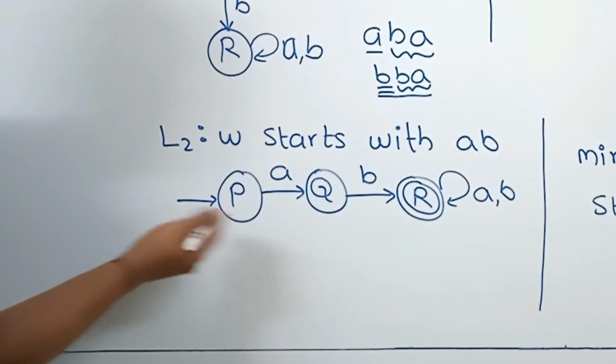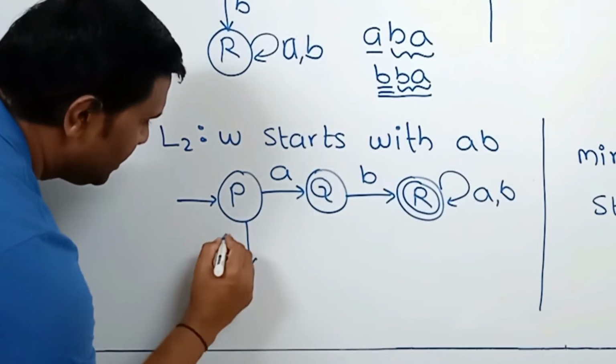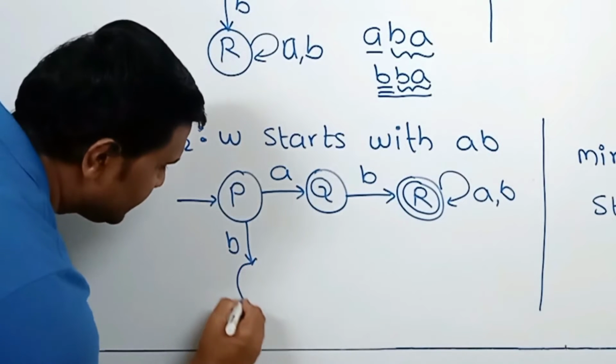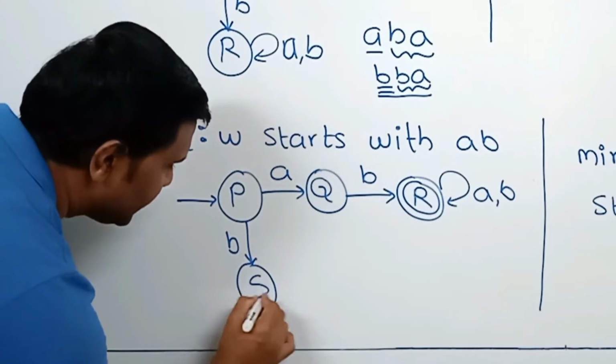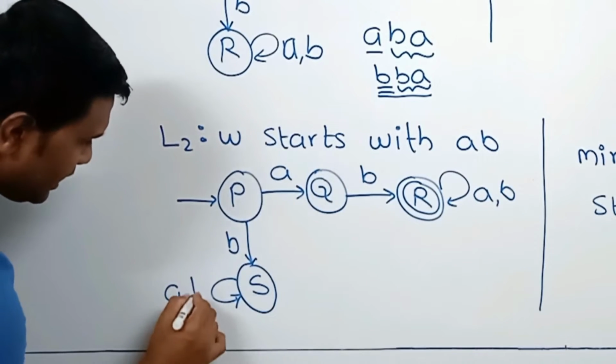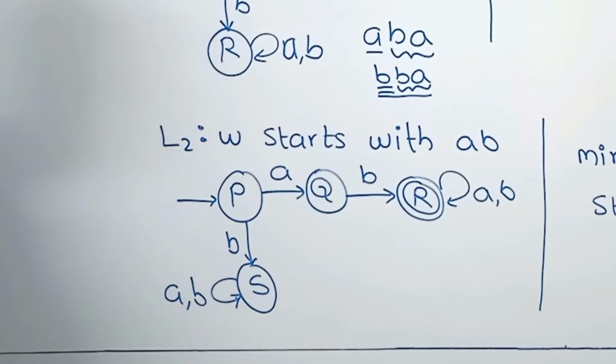Now what if the first symbol in the string is B? If the first symbol is B, we know that the string does not start with AB, so we should reject the string. So we enter the trap state, where the remaining part of the string is processed and the string is rejected.